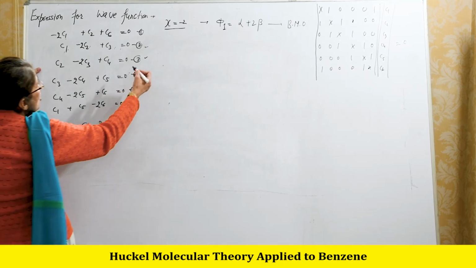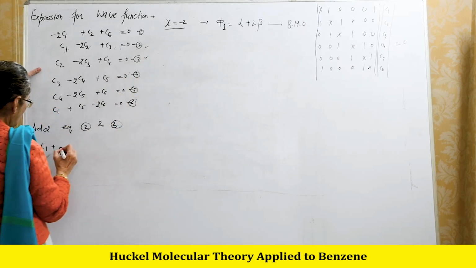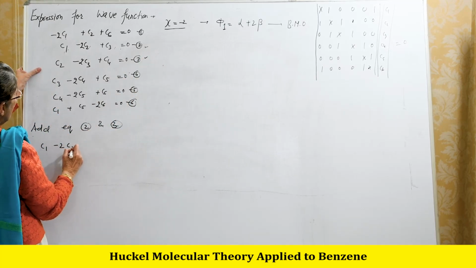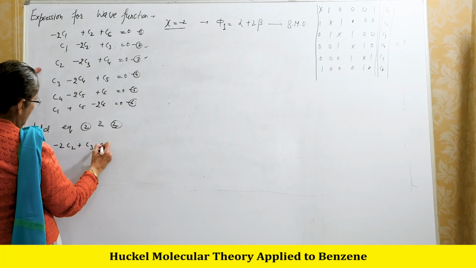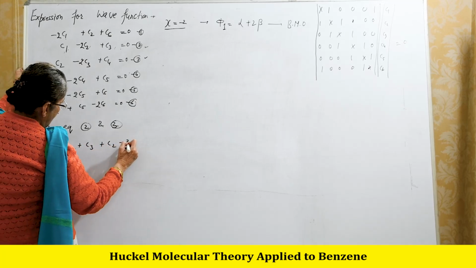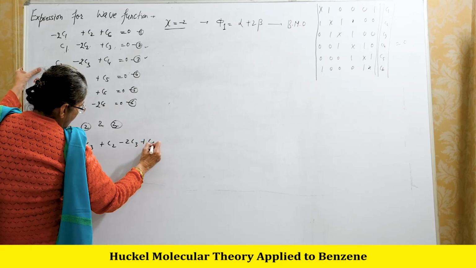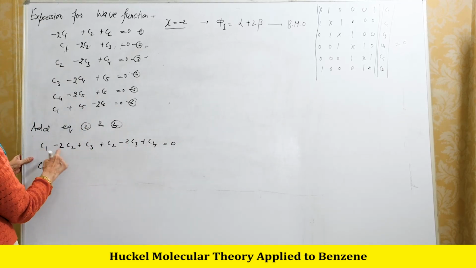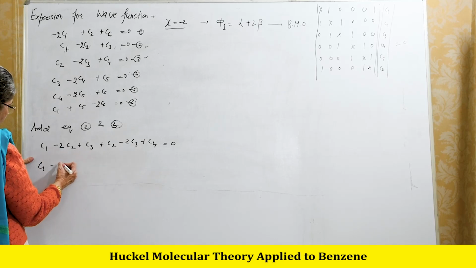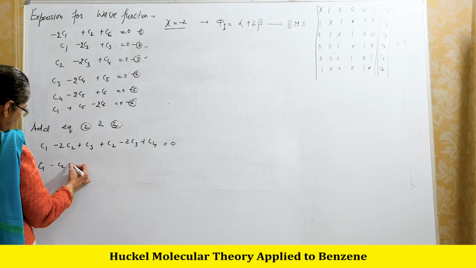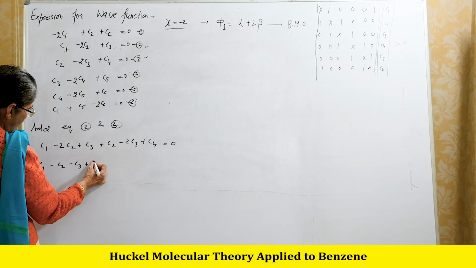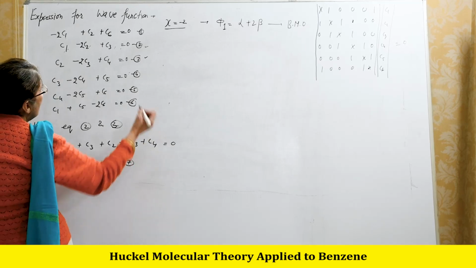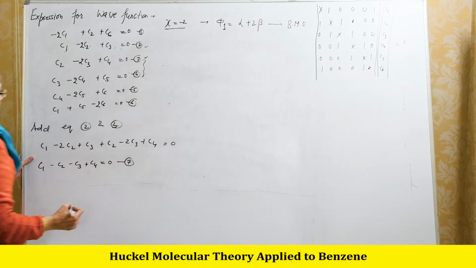Add equation 2 and 3, then we get C1 minus 2C2 plus C3 plus C2 minus 2C3 plus C4 is equal to 0. C1 minus C2, minus C3 plus C4 is equal to 0. Say this is equation number 7. Now add these 3 and 4.